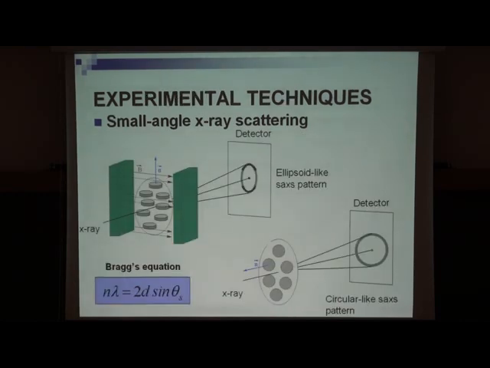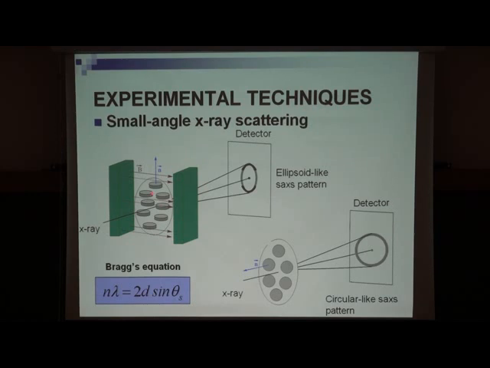Okay, according to the Sharp-Link group, there are two possibilities. Phase director can be perpendicular to the incoming X-ray or parallel to the incoming X-ray. In this configuration, you can obtain an ellipsoid-like SAXS pattern.